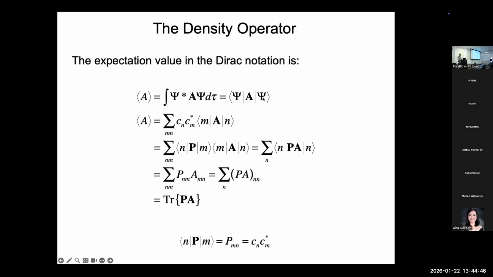And in Dirac notation, this would be written this way. And then I can expand these wave functions into two series by the double summation over m and n, in which the m goes with the bra, so it has the complex conjugate of its expansion coefficient, and the n goes with the ket. And I've written them backwards here because I know what's coming next.